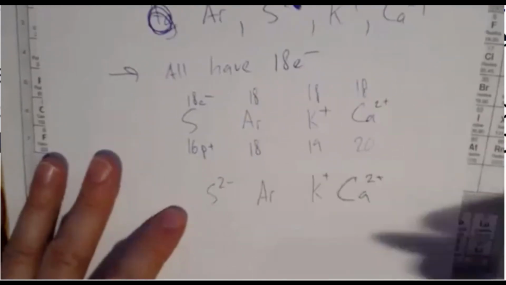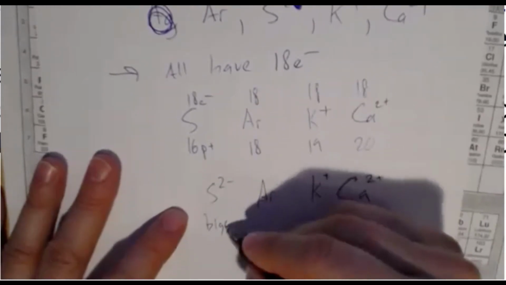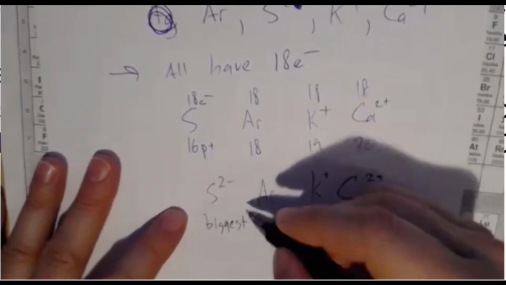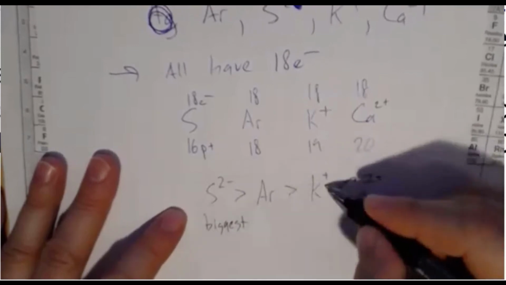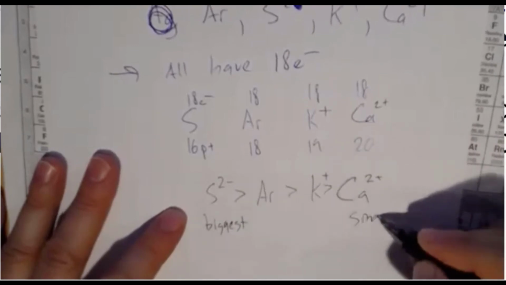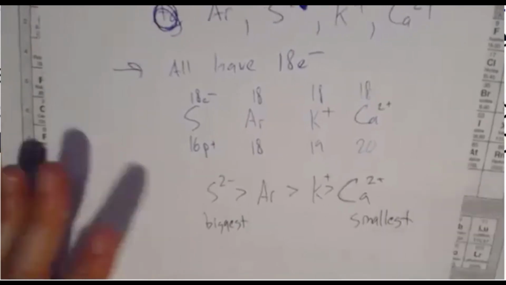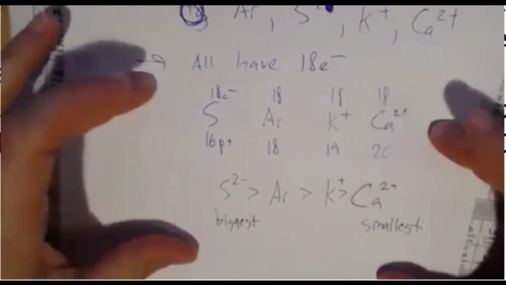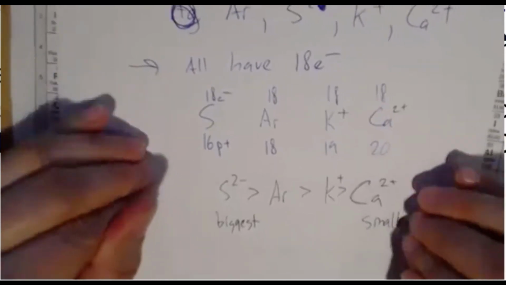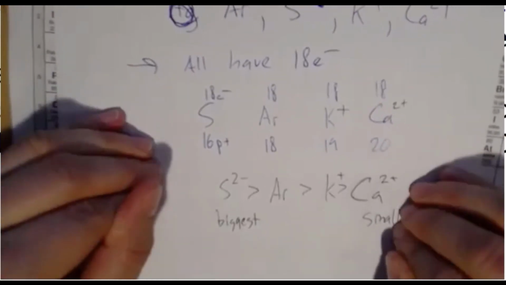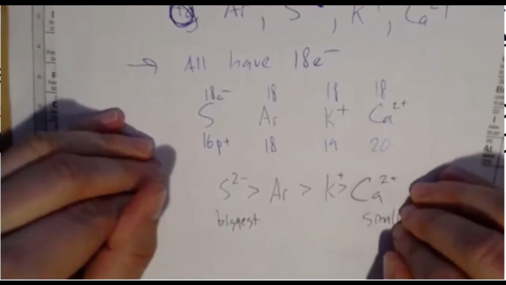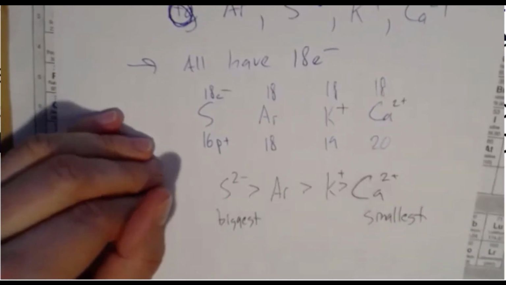But anyways, this would be the biggest and this would be the smallest. If you just practice these on the homework, they should be super easy questions on a test. Does it make sense? Yeah. Okay.